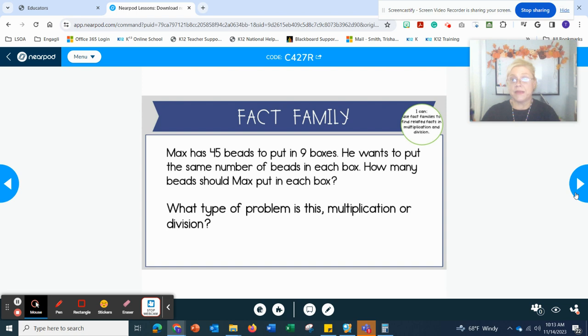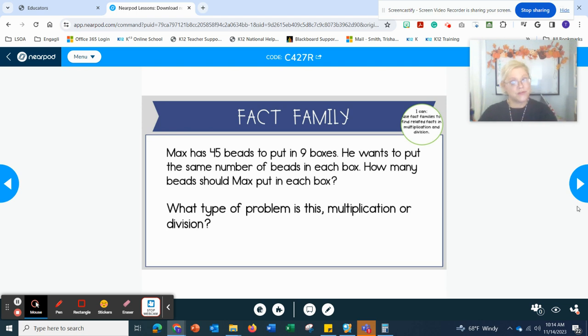All right, let's do this last one together as a class. I'm just showing you how to do it. And then from there, you're on your own, chickadoodles. Max has 45 beads to put in 9 boxes. He wants to put the same number of beads in each box. How many beads should Max put in each box? What type of problem is this?